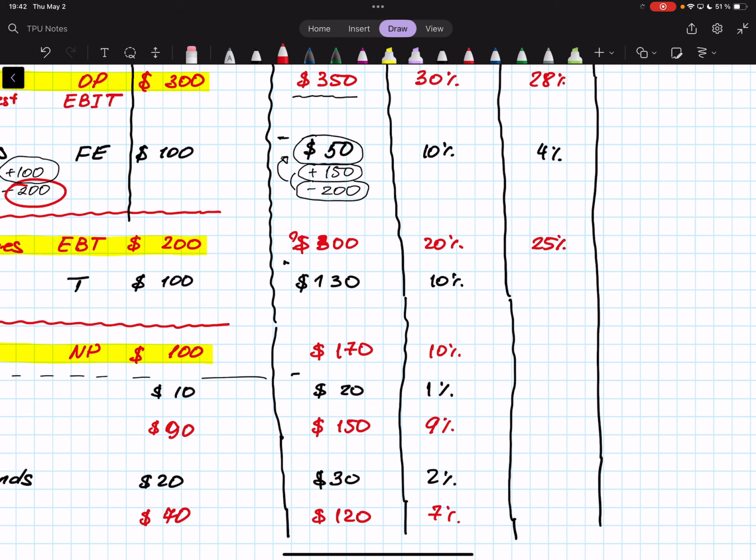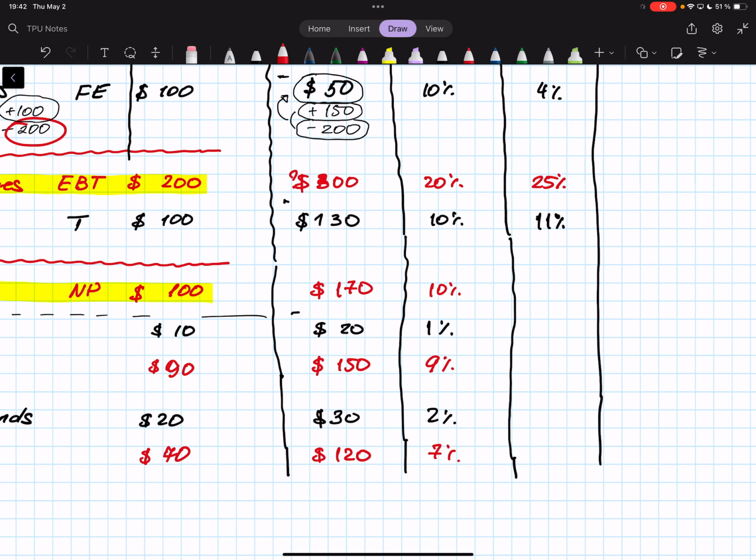Then taxes will be 130 by 11%. Net profit becomes 14% probably.